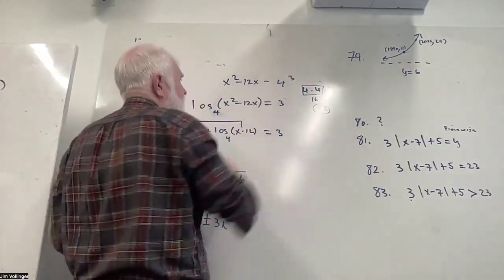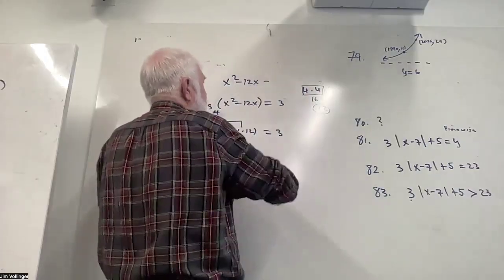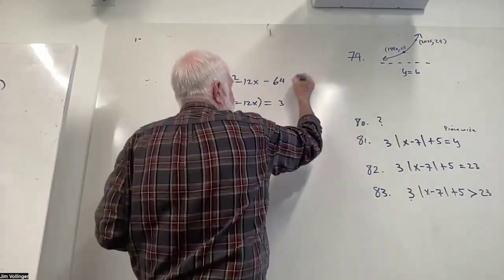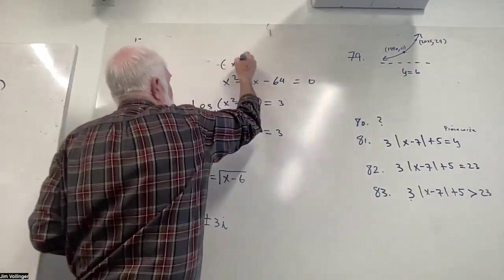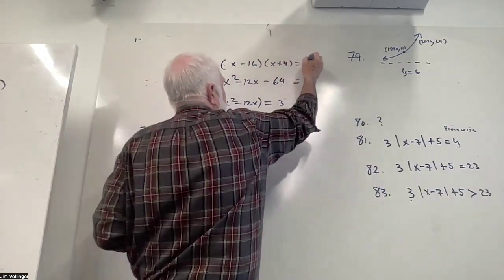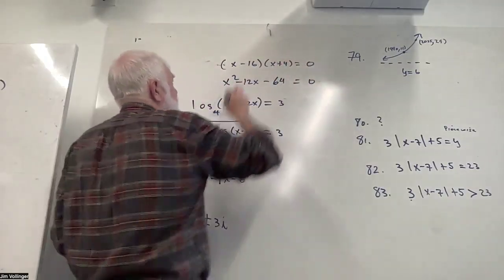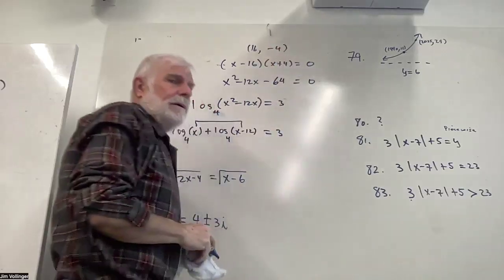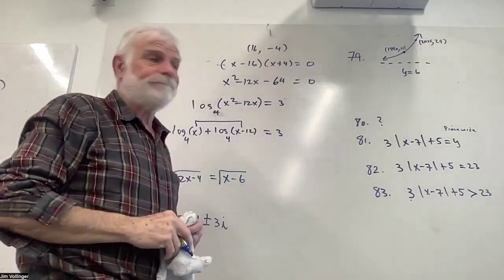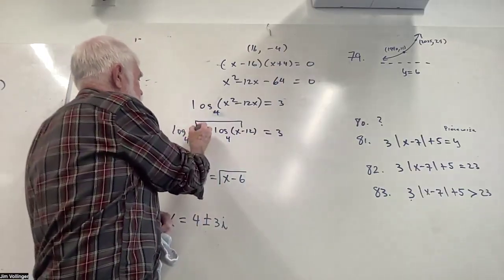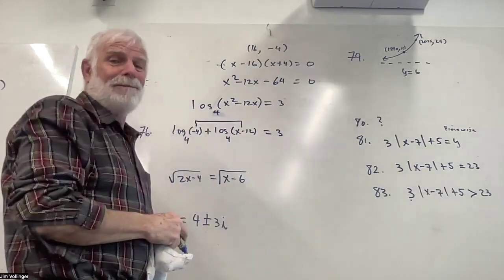So I'm going to make a minus sign there. I'm going to change that to 64. I'm going to set it to 0. And I'm going to write x minus 16 times x plus 4 is equal to 0. And I can see that I have 16 as an answer and negative 4. And from our earlier work, plugging in negative 4, that's a problem.